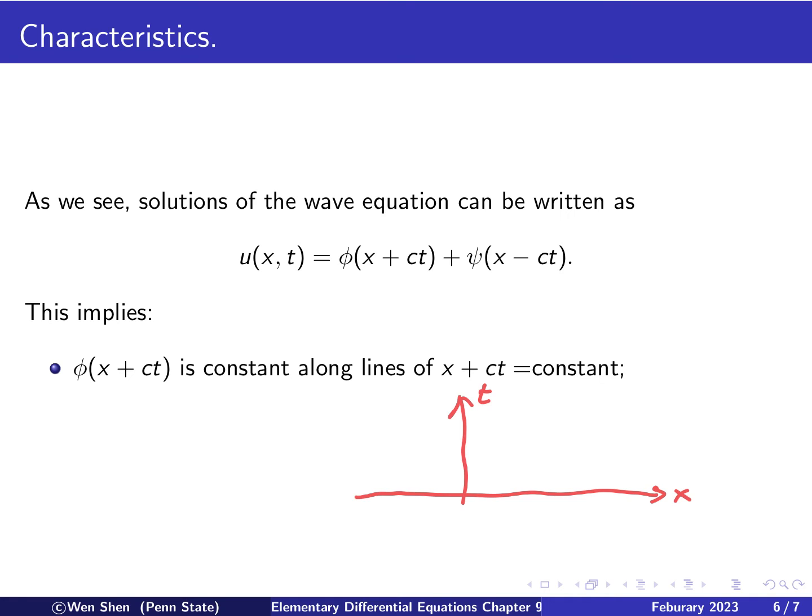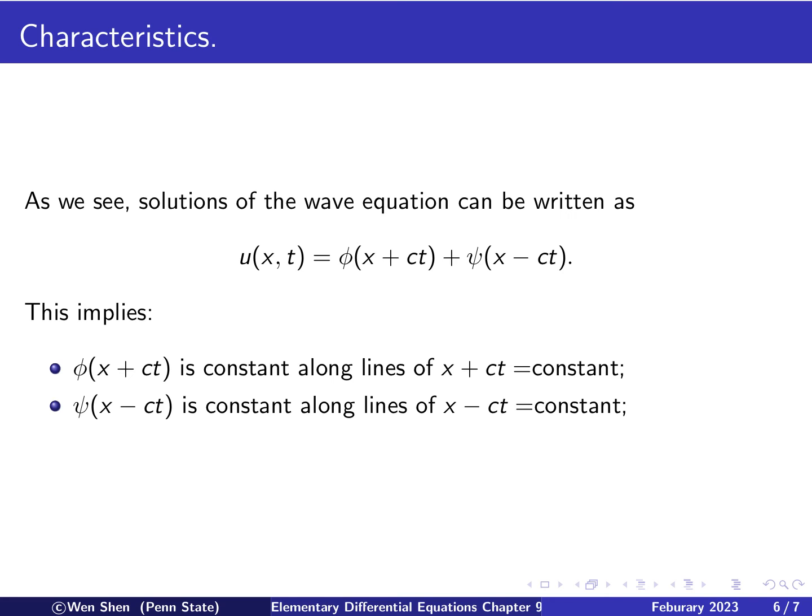So we see that these will be the lines that have negative slope. Sorry, pretending these are straight lines. And the negative slope is negative 1 over c in this plane. And similarly, the psi function depends only on x minus ct, so it will remain constant along lines of x minus ct equal constant.